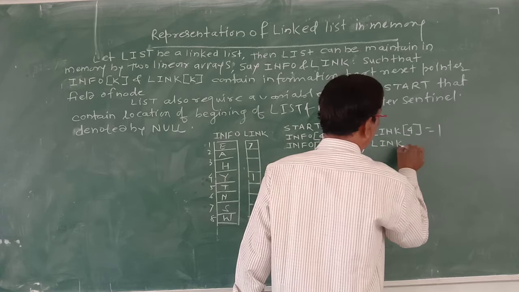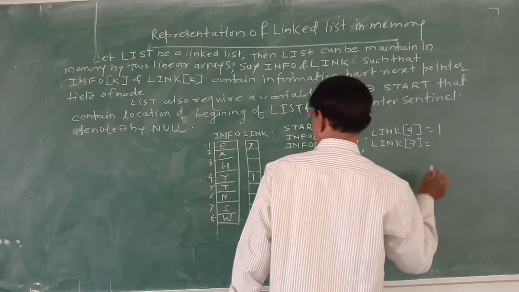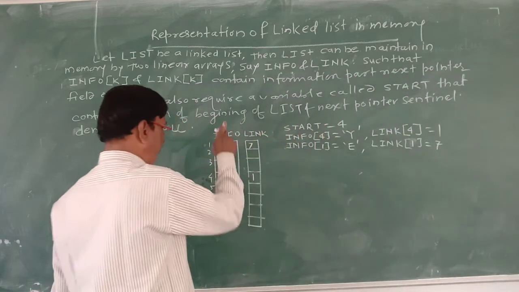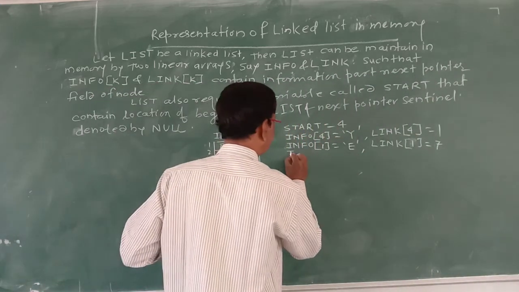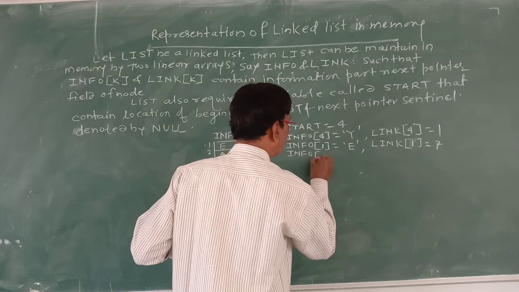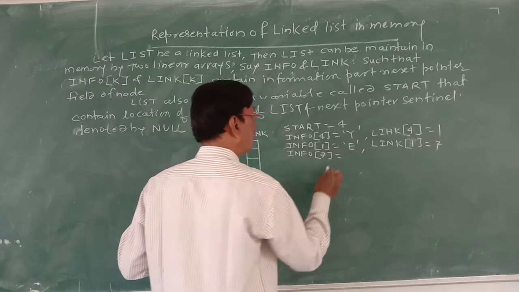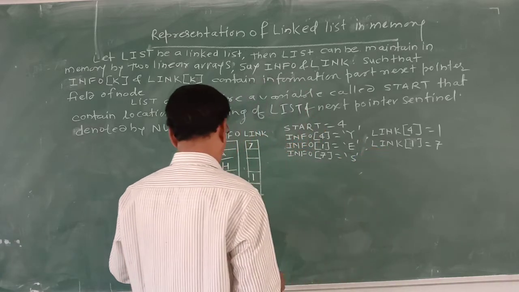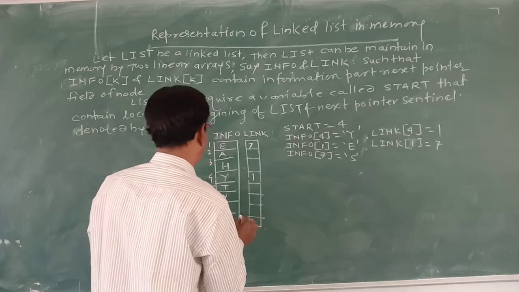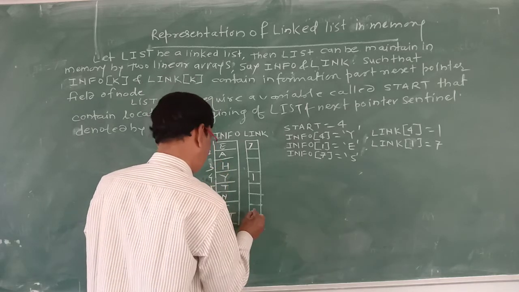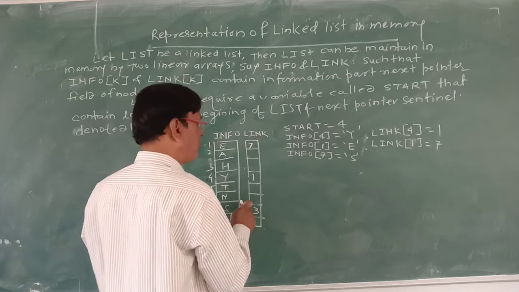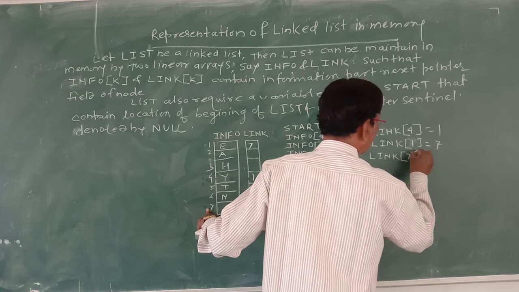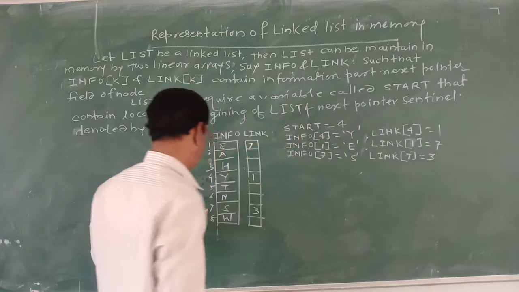Link of 1 is equal to 7. So info of 7, what? S. Suppose we are going to H now, so it is 3. So link of 7 is equal to 3.